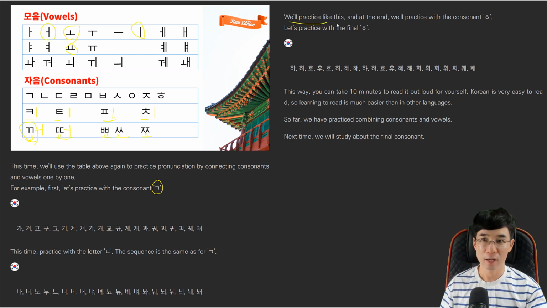We'll practice like this, and at the end, we'll practice with the sound with the consonant hyut.